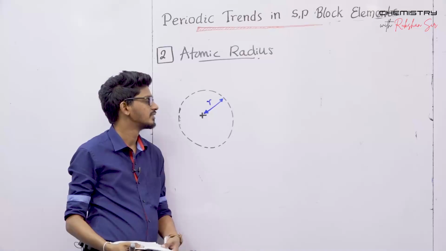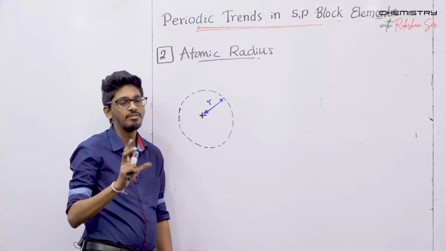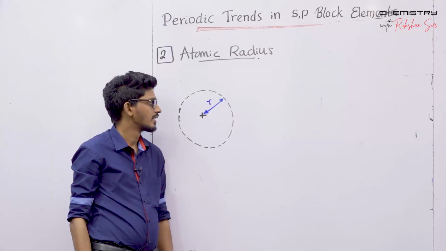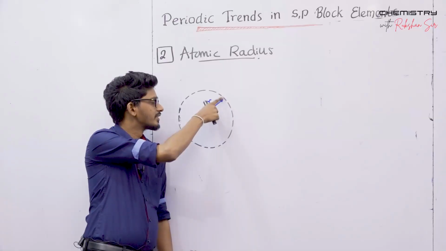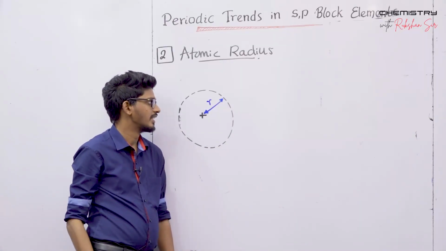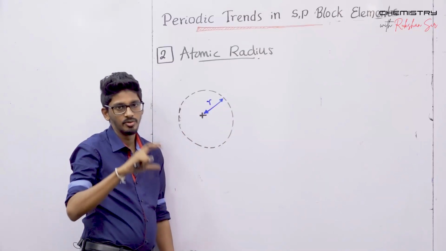With the cloud model you don't have definite boundaries. Yes, you have a center, but the boundary is not clear. The electron density is diffused.